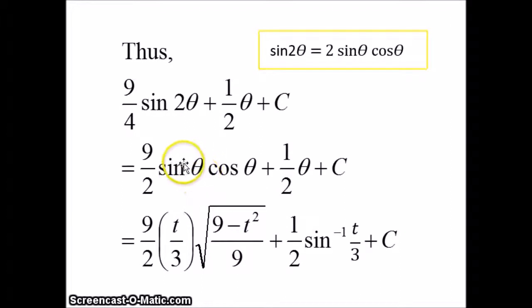We substitute sine theta equal to t over 3 and cos theta equal to the square root of 9 minus t squared divided by 9. Our theta equal to inverse sine of t over 3, and we rewrite the formula.